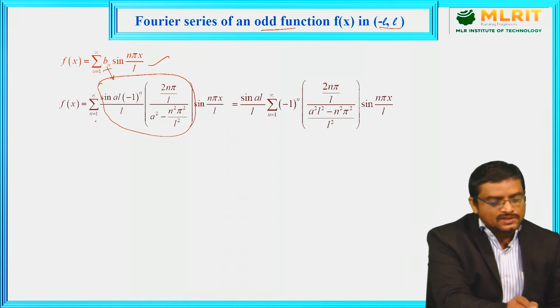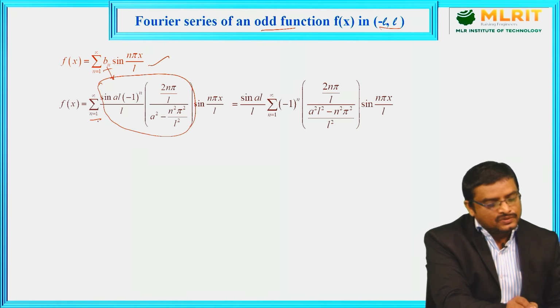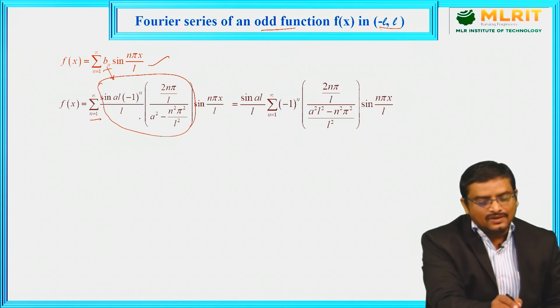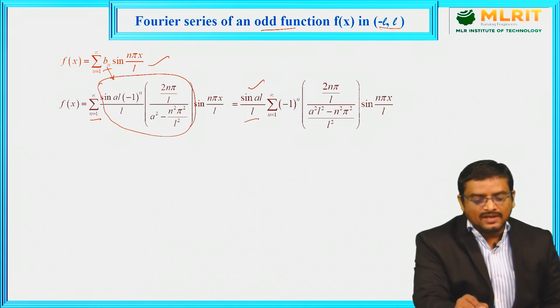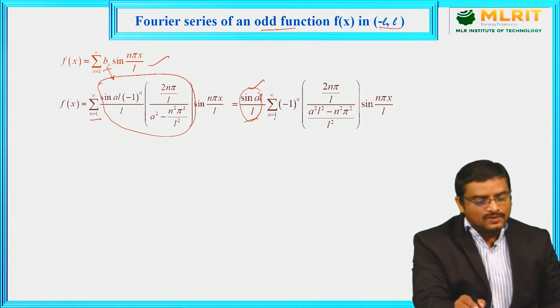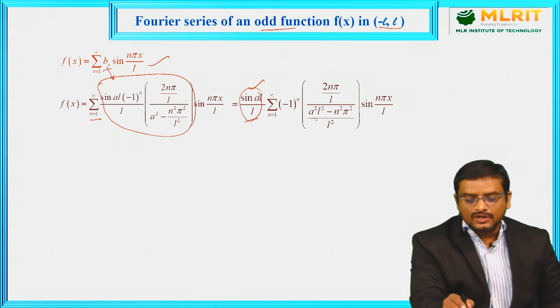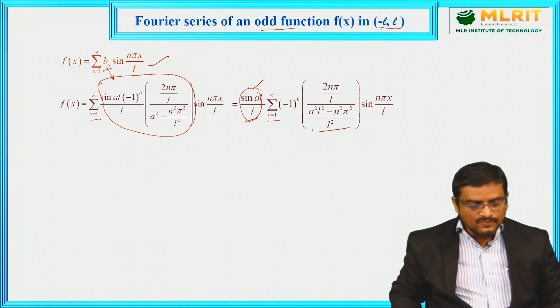Here this summation is applicable for n. So if you have any terms other than n, you take those terms outside the summation. So here sin A L by L does not have n, so this becomes a constant. And whatever terms involve n, you keep inside the summation, because this summation is applicable for n.